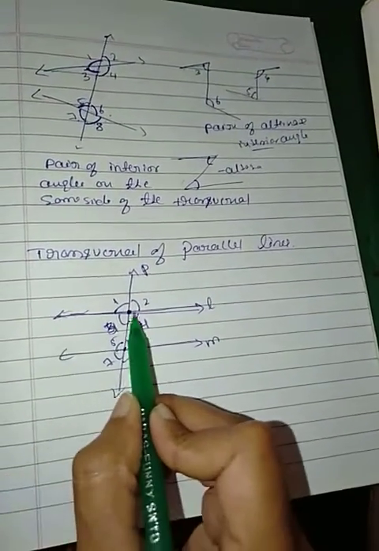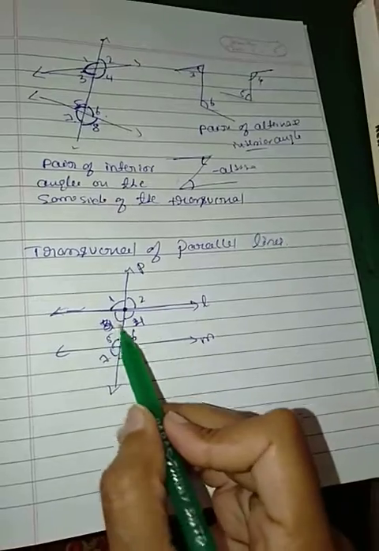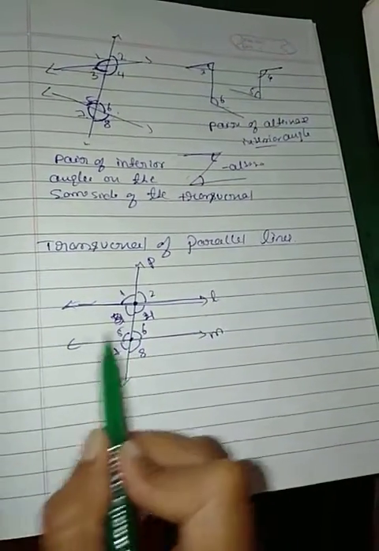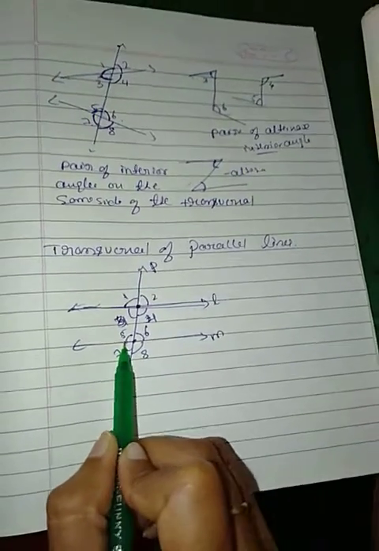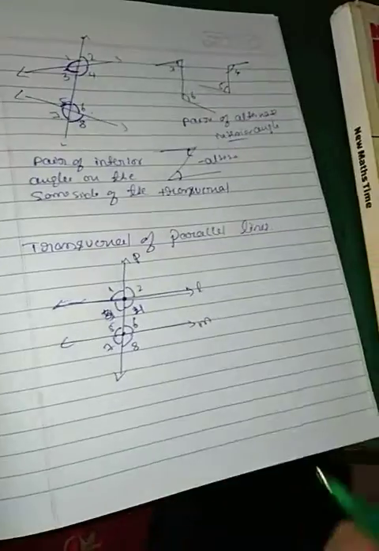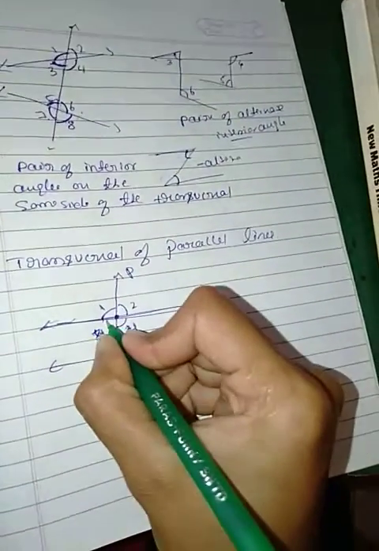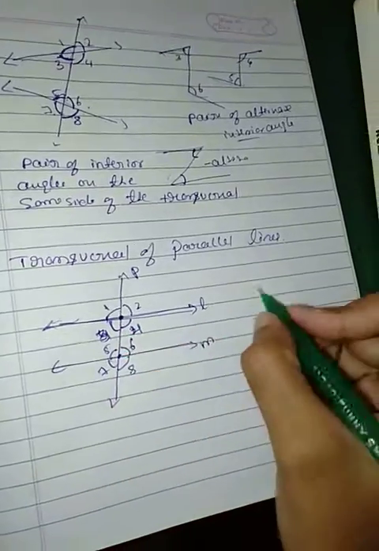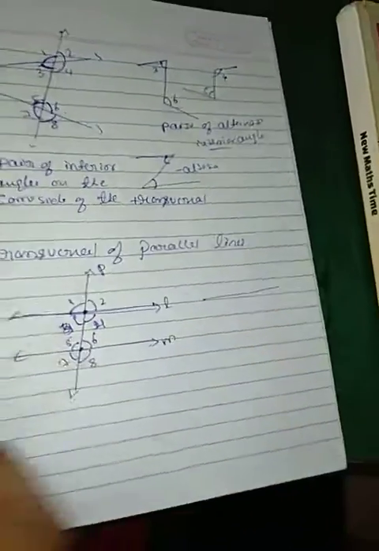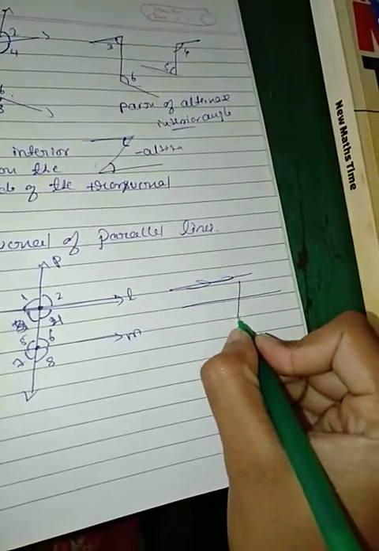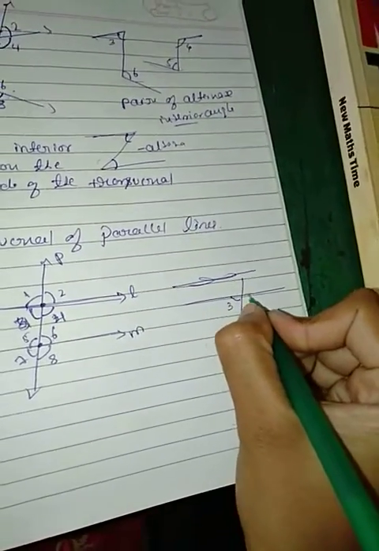And see, this is the Z shape here. So here 3 and 6 are alternate angles. This is also a Z shape. 4 and 5 are the alternate angles. And one more thing you should remember: here the line is cut, this is 3, this is 4.